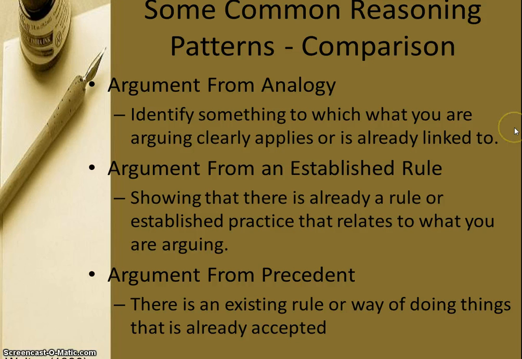All right, and here's some common patterns of reasoning, paths that you can follow when you're trying to convince somebody, and a lot of these involve comparisons. Argument from analogy. That's when you see a situation that is very similar to yours, that the idea already applies to, such as if we're talking about the revolution of the planets around the sun. We know Earth revolves around the sun.